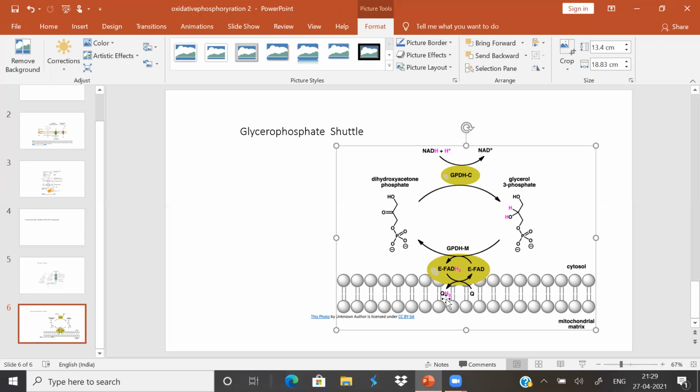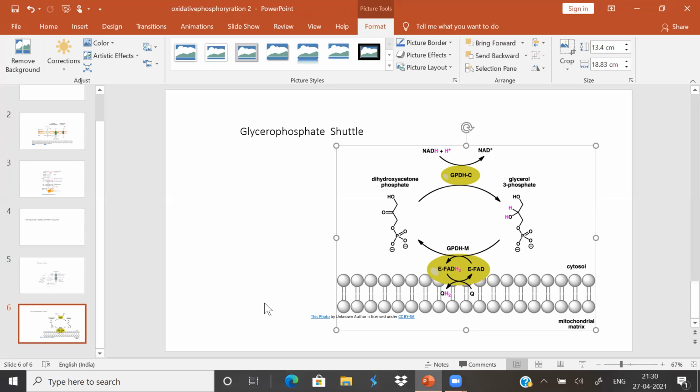So here the electron comes from NADH, but actually in the respiratory chain, the electron goes to FADH2, that is, through complex 2.